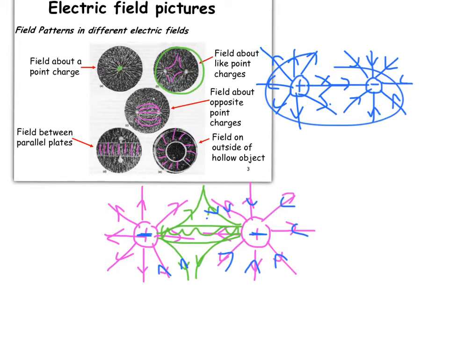Now, over here you have got the positive, which is going from positive to negative, so it's away. And over here you've got your negative, so it's going from positive to negative, so towards. So what you land up with is a reinforced electric field between these two charges, and they actually land up connecting with one another, and you land up with that type of a pattern happening.